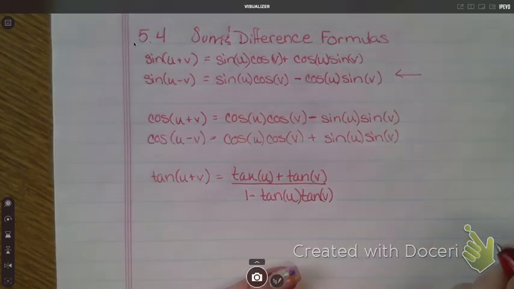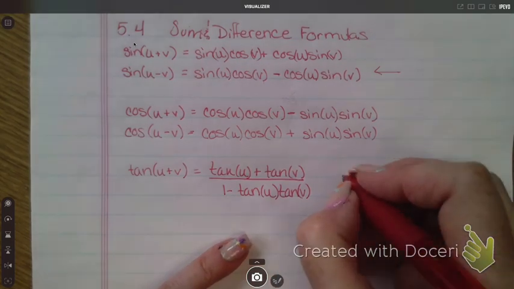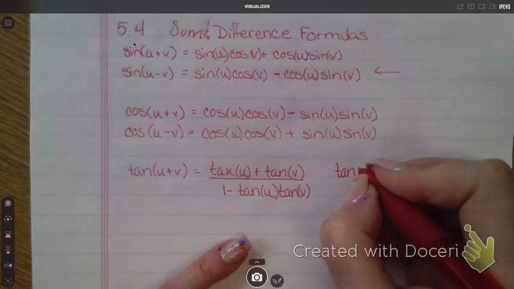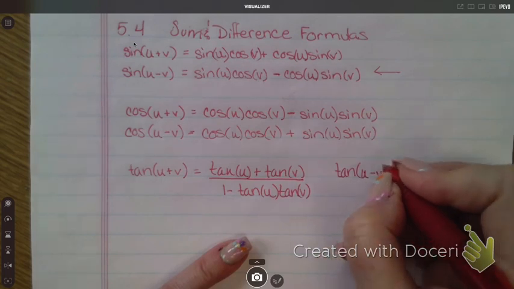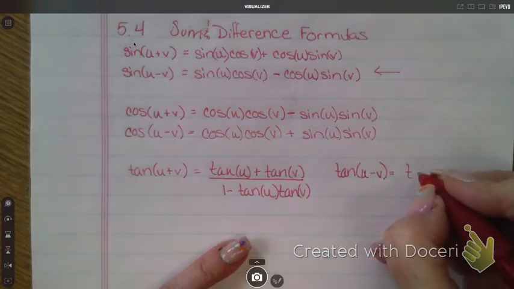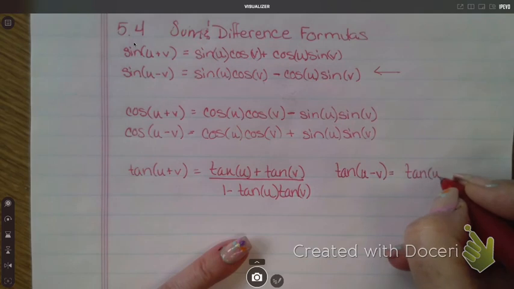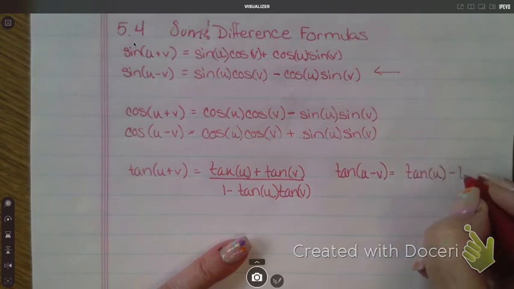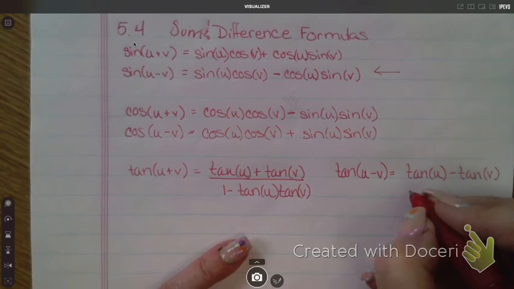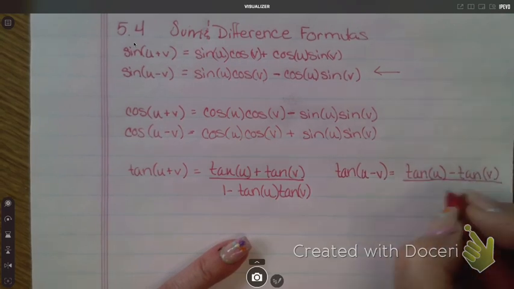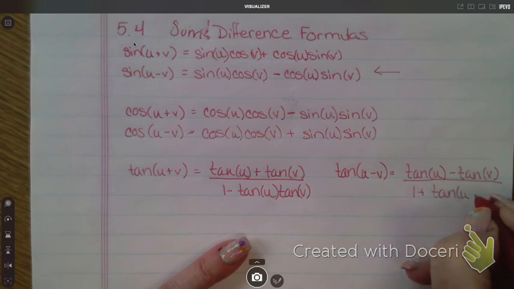Gross. That is weird. The difference, I think you guys could guess. Tangent of u minus tangent of v over 1 plus tangent u tangent v.